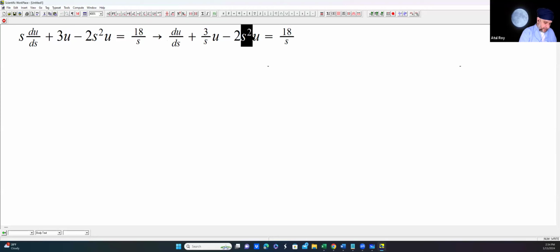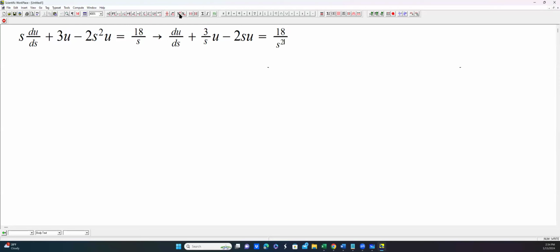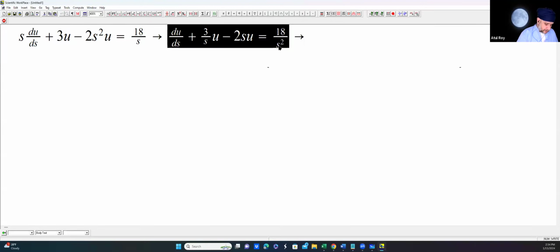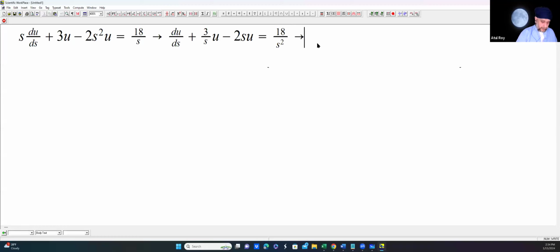When we divide that by s, that will simply be s, and this will become s squared. Are we good? Now we are getting things under a slightly better control.